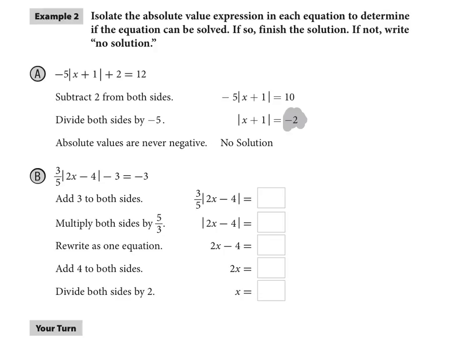Is there any number that we could put in for x, add 1 to it, take the absolute value of it, and ever get out a negative number? No, we can't. So be careful with this: once you isolate the absolute value bars, if you end up with a negative number on the right side, do not rewrite it into two separate equations. The answer here is no solution.